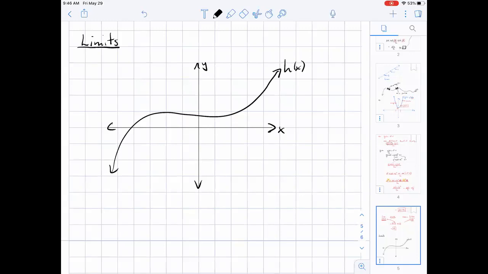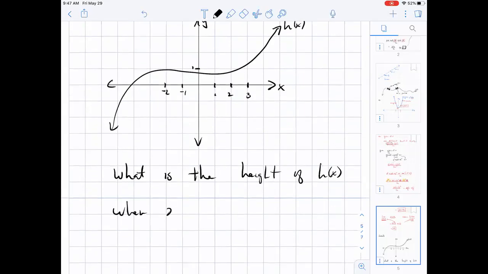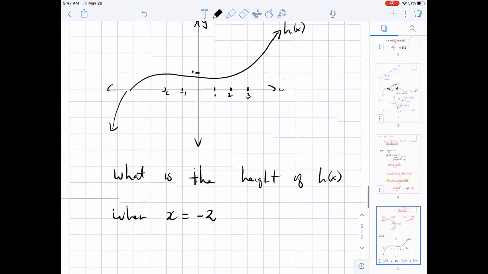This is 1, 2, 3, here is -1, here is -2. And I ask you, what is the height of h of x when x is equal to -2? What would you tell me? Here's the picture.